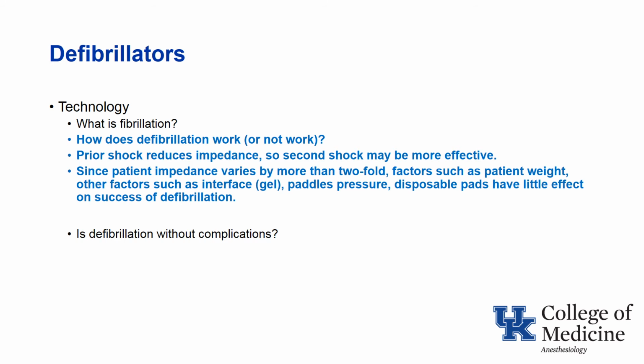So to reiterate, a prior shock reduces impedance, so a second shock may be more effective. And since patient impedance varies by more than twofold between patients, factors such as patient weight and the interface and paddle pressure and the use of disposable pads have little effect on the success of defibrillation as compared to patient impedance itself.